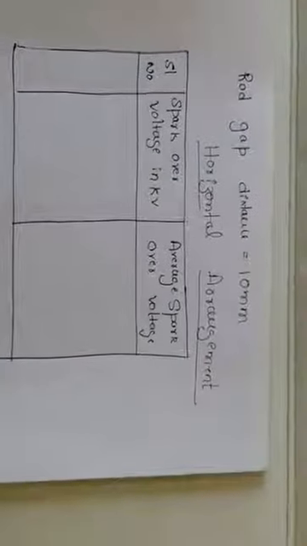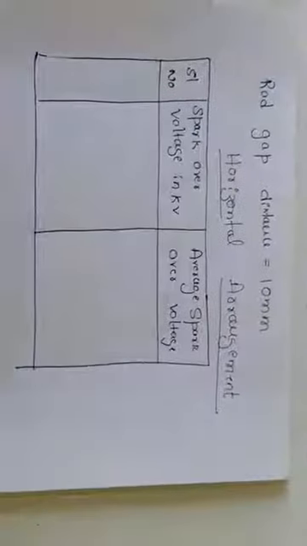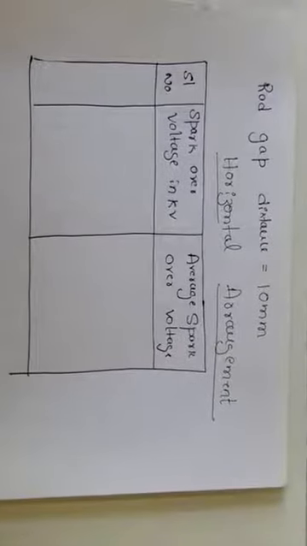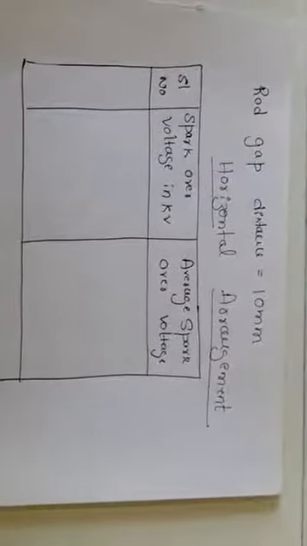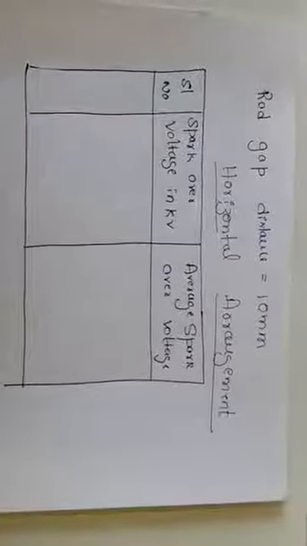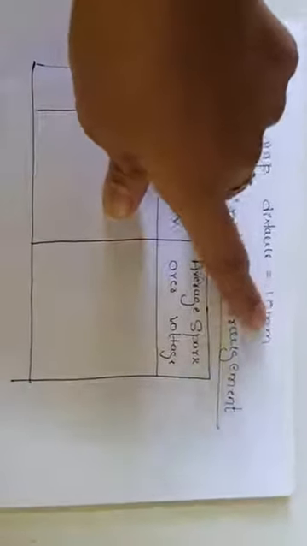Now we are going for the horizontal arrangement, that is the rod gap method. As I already told you, in the horizontal arrangement we can use different shapes of electrodes, cone shape, flat plate also. In this experiment we are using flat plate type electrodes. And the gap distance we need to adjust to 10 millimeter.